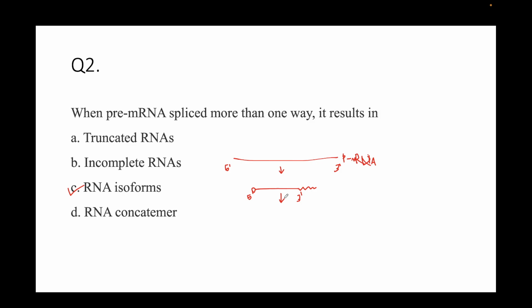So this is your pre-mRNA, this is your mature mRNA. I am writing M. After that, it leads to production of a protein using your translation process, ribosomes and other enzymes. For example, here we are getting a stop codon like UAA.